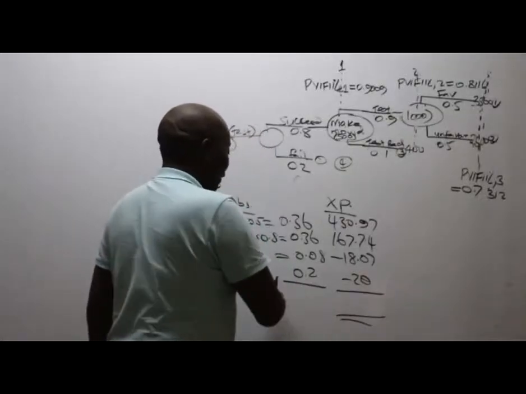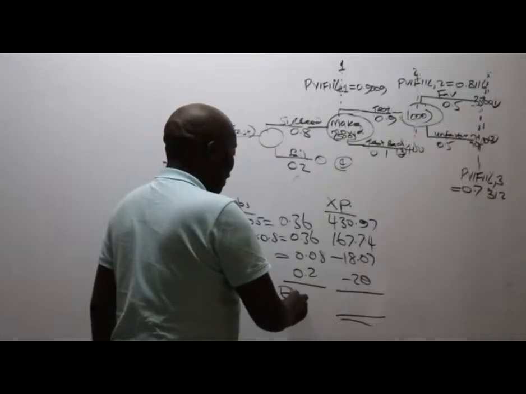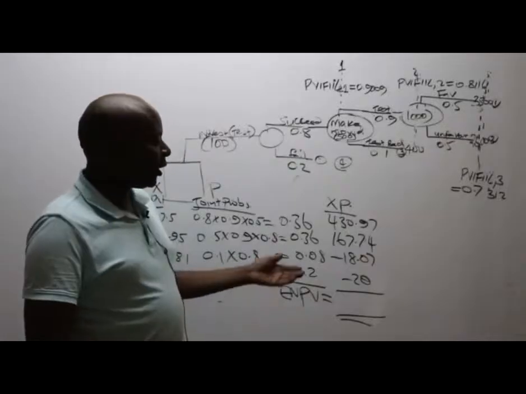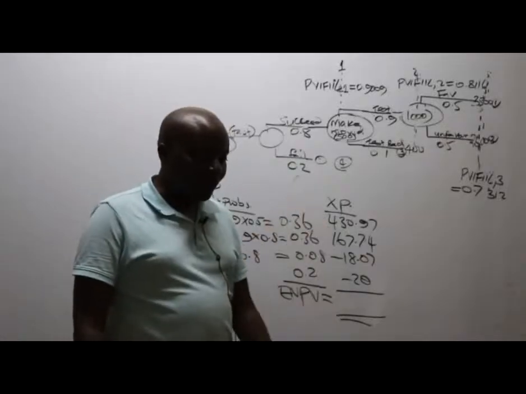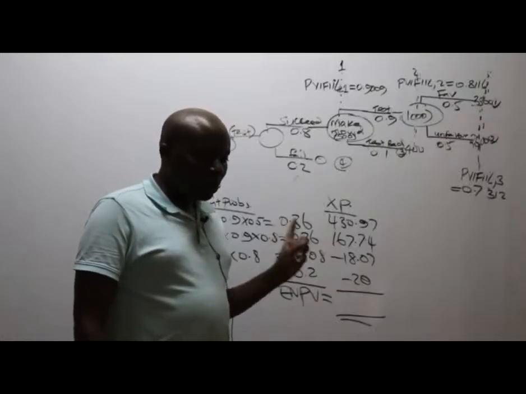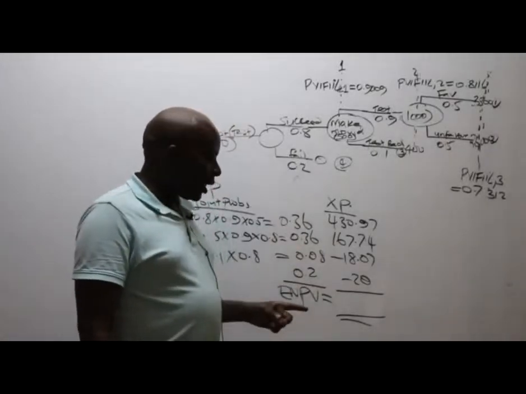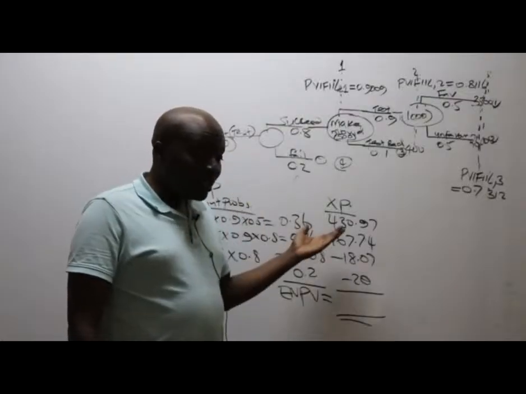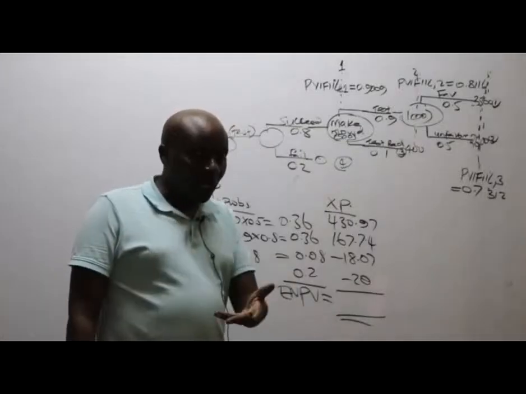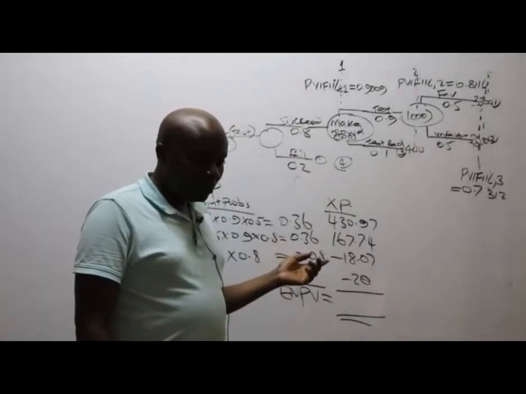Expected net present value. What do we have here, somebody? I'm being told that there is a branch which is wrong. Is there any branch that you are having that is wrong? Or number one is wrong?